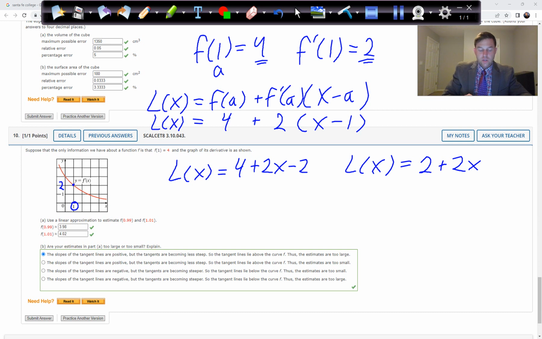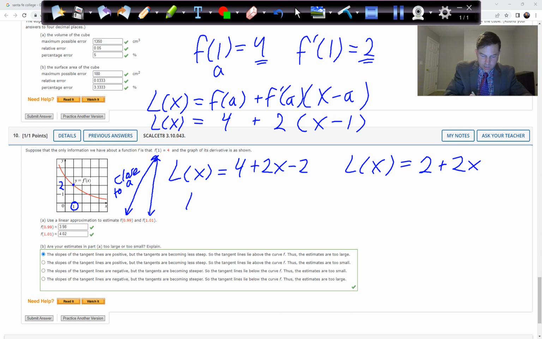Now notice, in this problem, we do not have to do any subtracting or anything. If their a is 1, these are really close to a, and there's no subtraction needed to get the x value. So what they actually want us to do is just use those numbers directly.